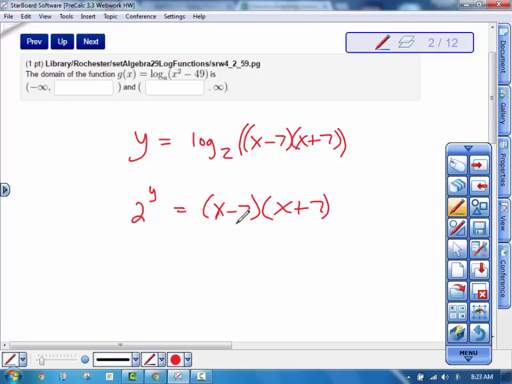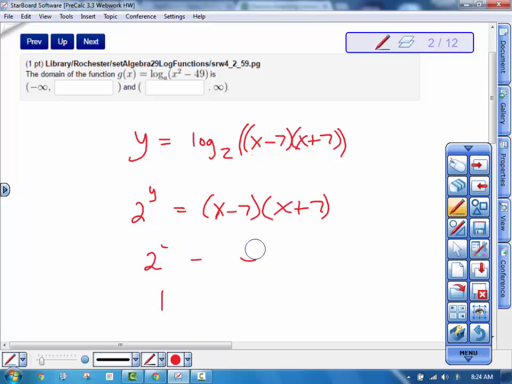Well, we have an issue when we end up getting a negative number here, because you can see that there's nothing I can raise 2 to get a negative number over here. 2 to the negative power, say it's negative 7, is really 1 over 2 to the 7th. So you really have to just make sure that this is positive. Also, if this were 0, that doesn't work either, because there's no way to raise this to some power to get 0. 2 to the 0th is just 1, which is not 0.